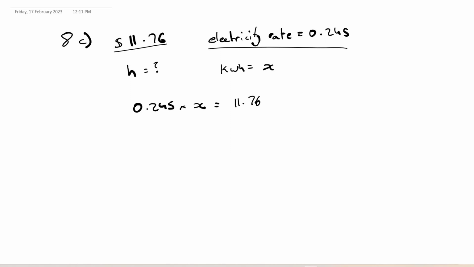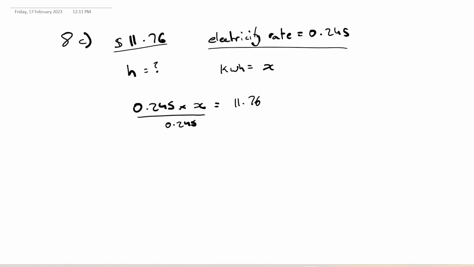So we know that the amount of time that is run by the dishwasher times by our electricity rate gives us the overall price, right? So what we need to do first is divide by 0.245 because we want to get rid of it. Because what's the opposite of multiplication?